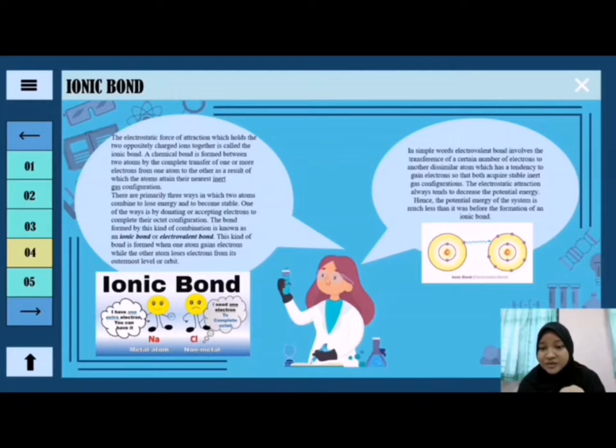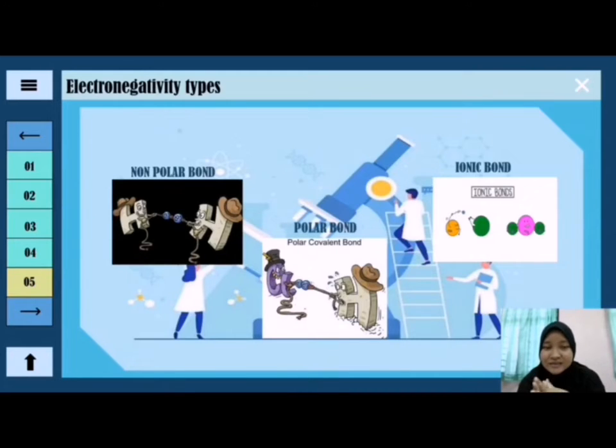The electrostatic attraction always tends to decrease the potential energy. Hence, the potential energy of the system is much less than it was before the formation of an ionic bond. Okay, from this slide, you can know that there are three types of bonds, which is non-polar bond, polar bond, and ionic bond.